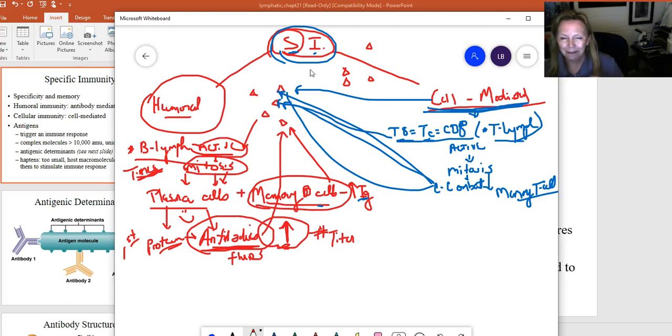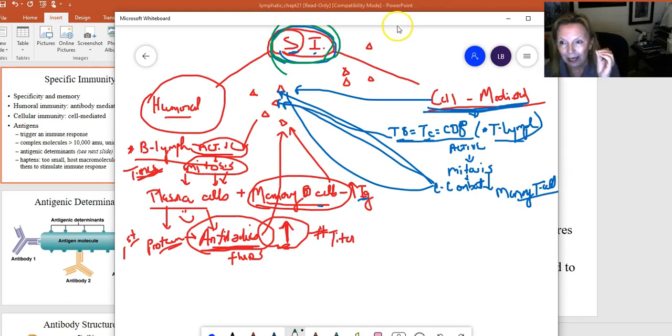Maybe you swallowed some viruses or things that can cause food poisoning or gastroenteritis, whatever. So how do you know when something is foreign? We have another special type of cell in specific immunity that is the alarm for when something's foreign. Those cells, and it's not my fault, I'm only talking about one kind of cell, but it has different names that refer to the same cell.